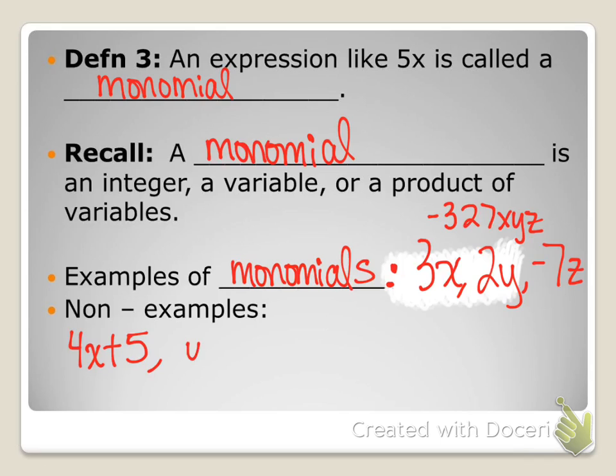Well, we could have something like y plus 2z. We could have 3 minus x squared plus y cubed. Okay, anything that's not just a single term. Those are non-examples. Questions about what is or is not a monomial?